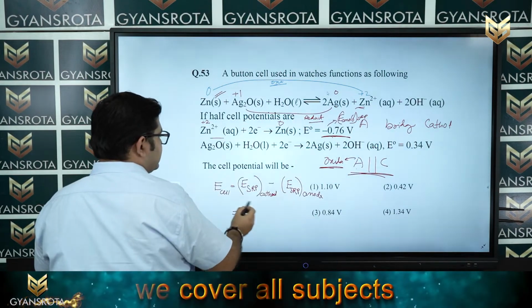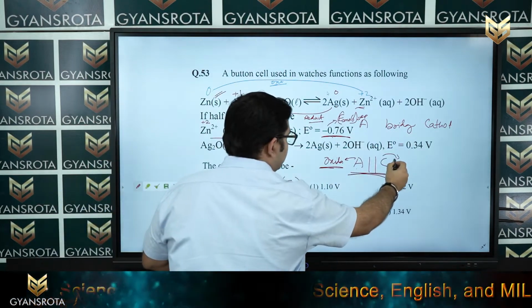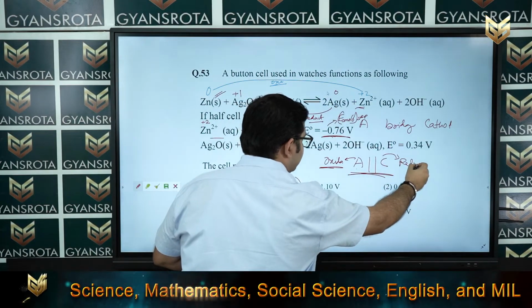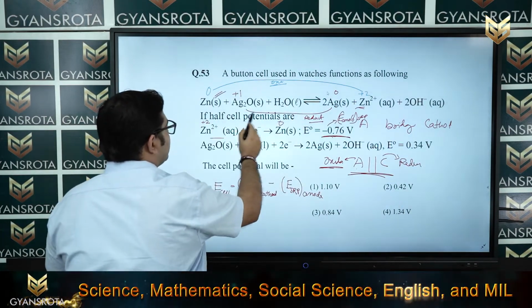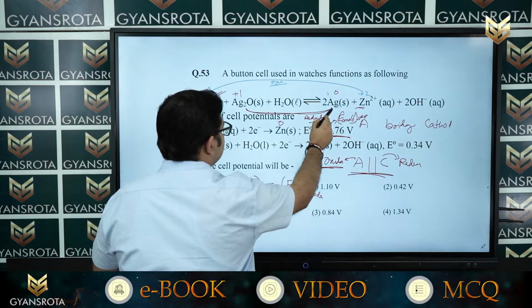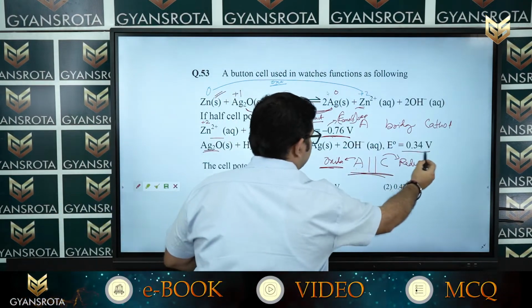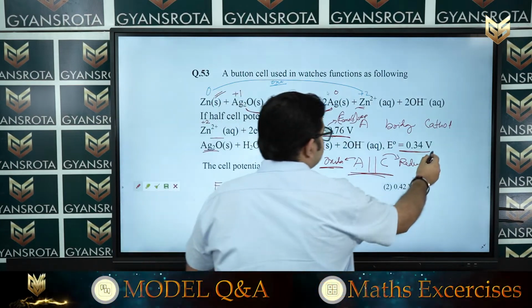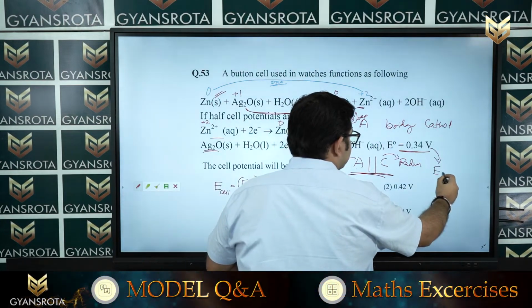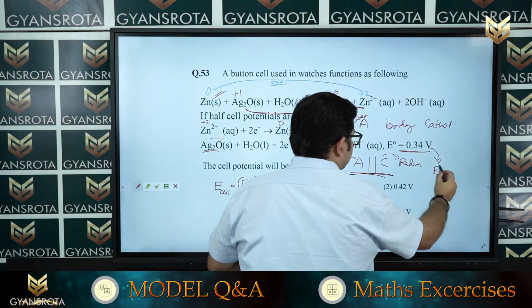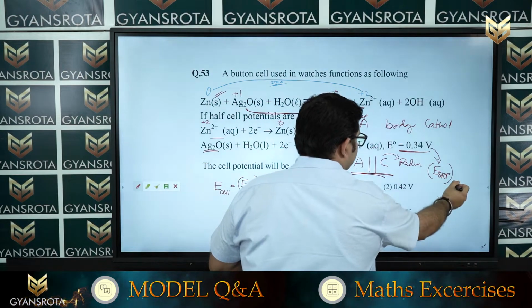Now, for the other reaction, this is at the cathode. At the cathode, the reduction process will take place. This is a reduction reaction and they give you the value of reduction potential as 0.34. So, this is nothing but the E reduction SRP, that is the standard reduction potential of your cathode.